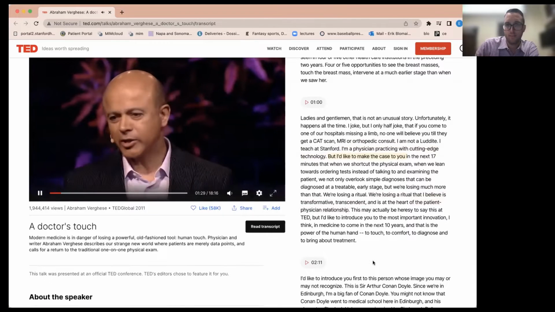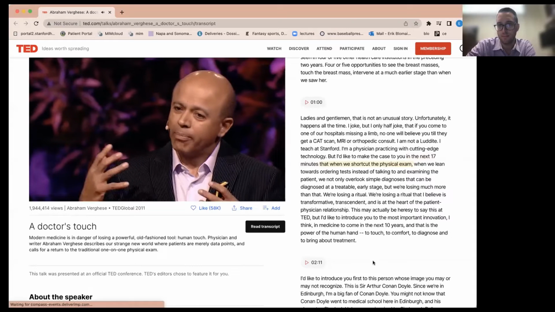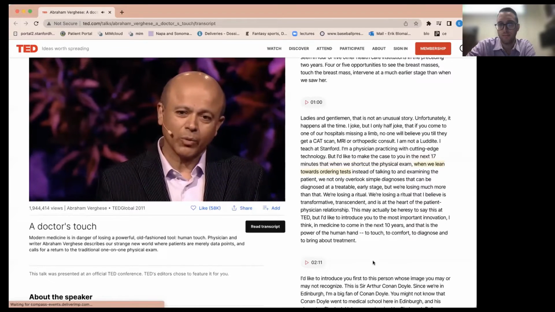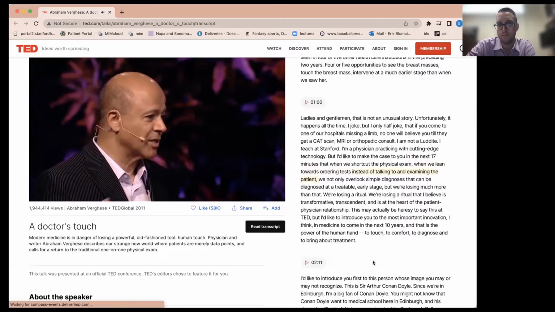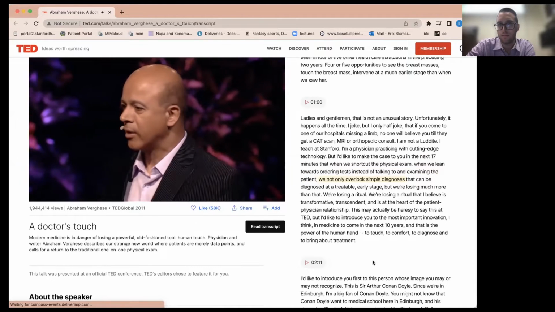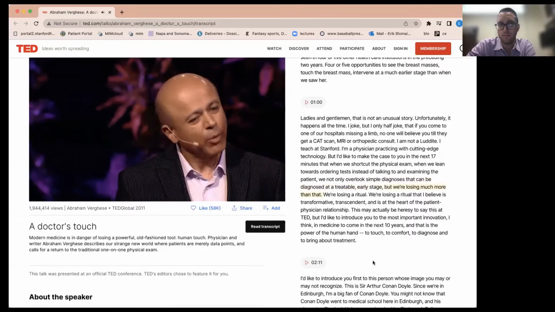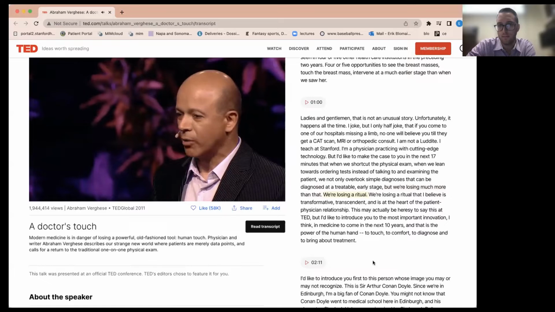But I'd like to make the case to you in the next 17 minutes that when we shortcut the physical exam, when we lean towards ordering tests instead of talking to and examining the patient, we not only overlook simple diagnoses that can be diagnosed at a treatable early stage, but we're losing much more than that. We're losing a ritual.